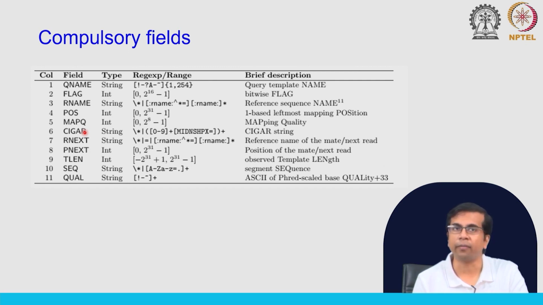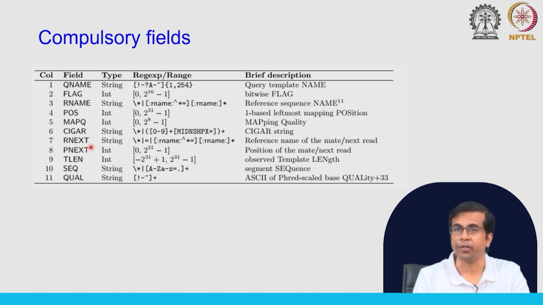Then you have field 7, which is RNEXT. These next two fields describe the alignment of the mate in case of paired end data. So, if you have single end data, you will not get any value. RNEXT gives the string. This is set to equal if it is the same as RNAME. So, if RNEXT and RNAME are equal, then you will get this equal sign.